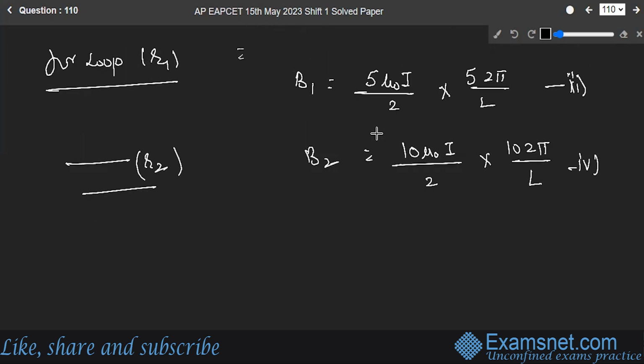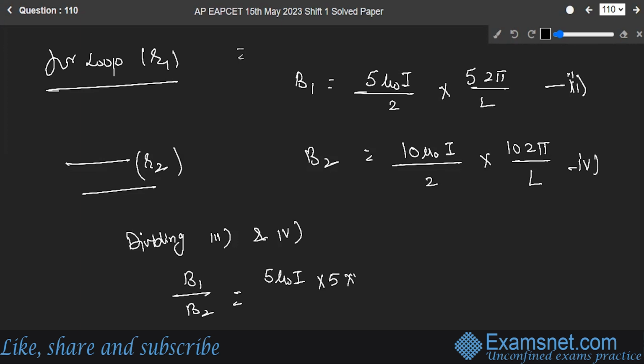So dividing 3 and 4, you will have B1 upon B2 is equal to 5 mu naught I into 2 pi upon 2L, multiplied by L upon 10 mu naught I into 2 pi.